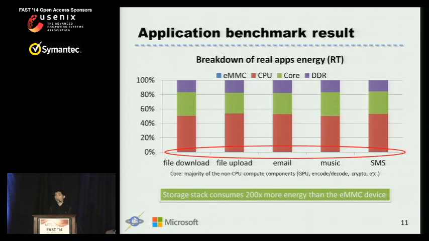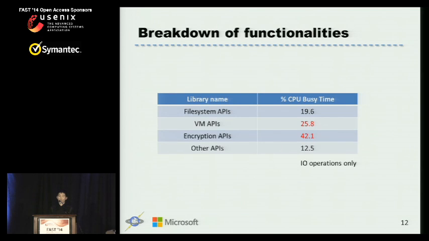We are really curious what is going on inside the storage stack, and why the whole storage stack takes so much more energy compared with the hardware energy. So we have a breakdown of functionalities in these slides. We replay I/O traces using some profiling tools.